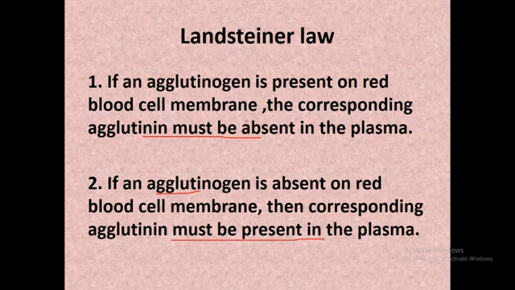What does it mean? If an agglutinogen is present on the red blood cell membrane, for example agglutinogen A is present on the surface of RBC, the corresponding agglutinin must be absent in the plasma.